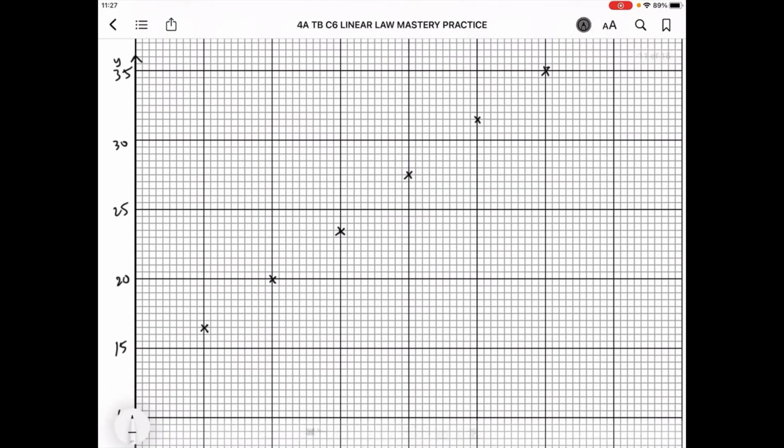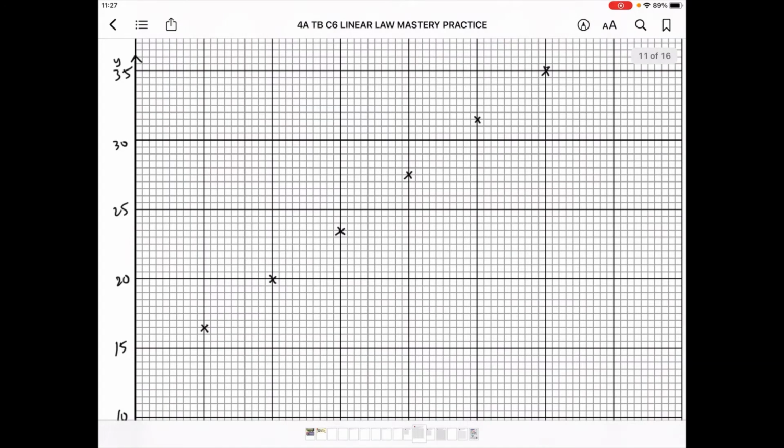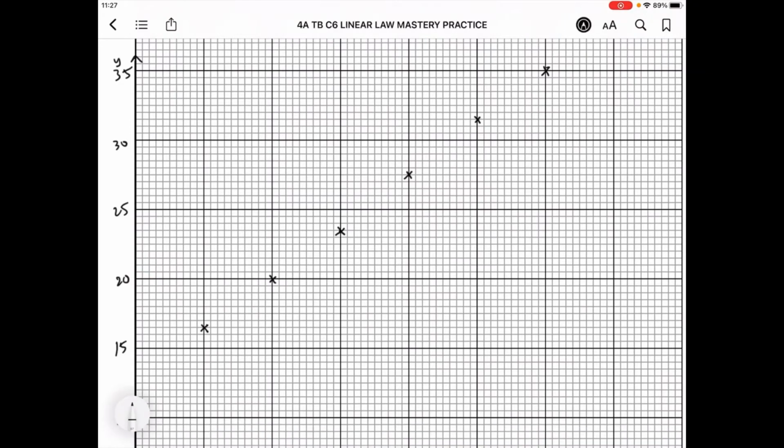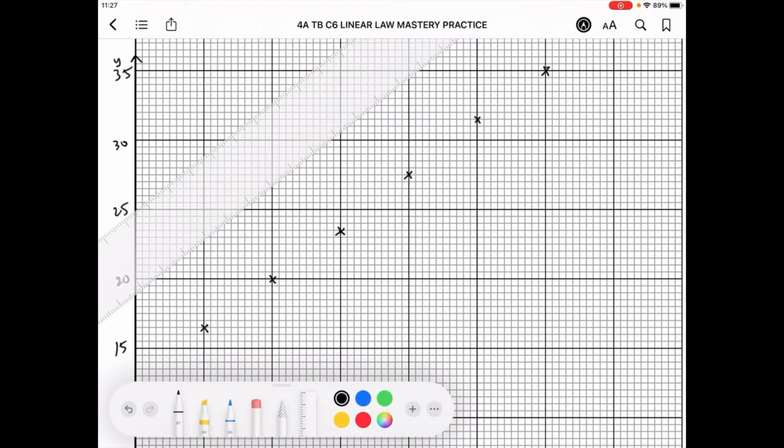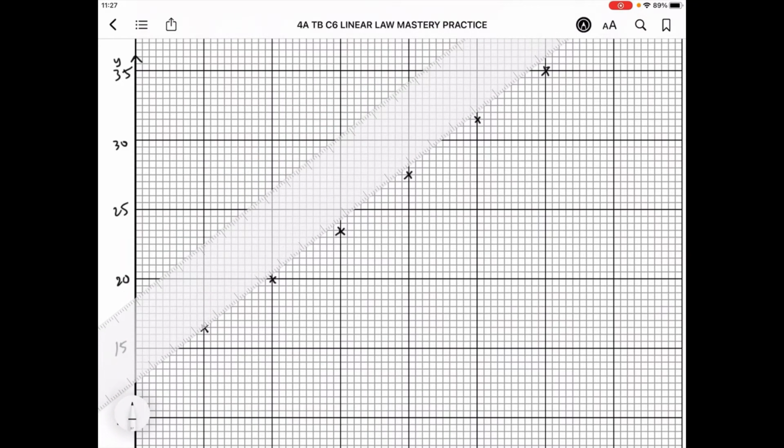Now the next thing is to draw my line of best fit. Okay, I'm going to draw from here. I can see that it looks like it's going to pass through around 12, right? So let's adjust a little bit. Maybe I move this up a bit, move this out a little bit, hard to see.